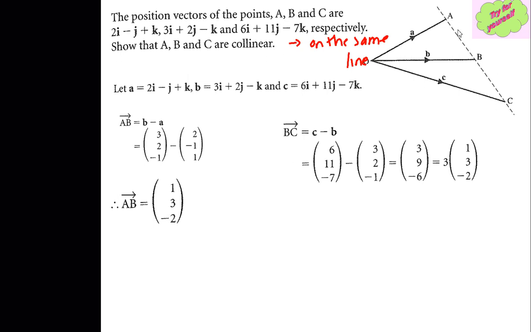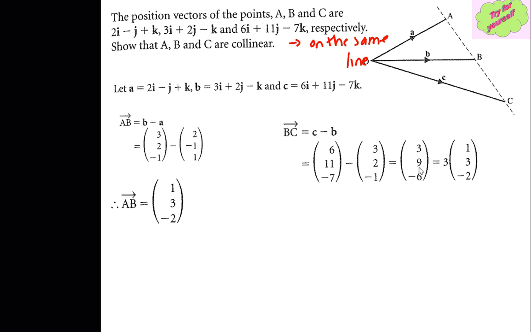We're basically going to try to prove that this one and this one are scalar multiples of each other. BC is like going minus B plus C, same thing as plus C minus B. C is 6, 11, minus 7, and B is 3, 2, minus 1. So 6 minus 3, 11 minus 2, minus 7 minus minus 1 is minus 7 plus 1, which is minus 6.